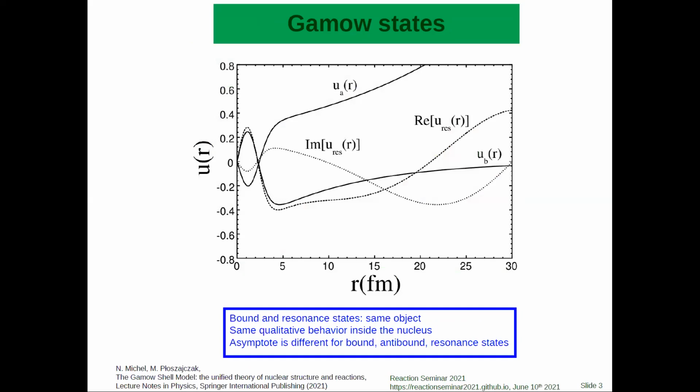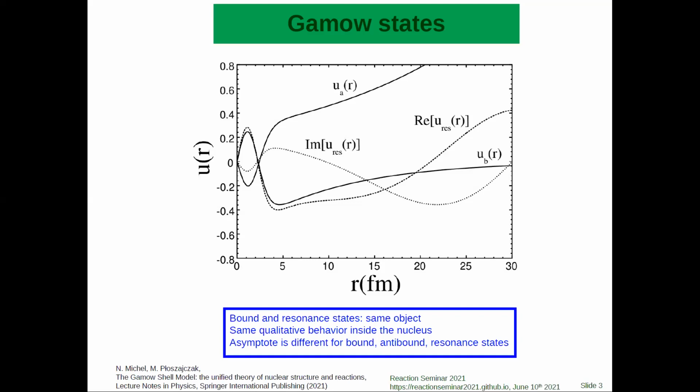The building blocks of the Gamow Shell model are Gamow states. Gamow states are one-body states, which can be bound, resonance, or anti-bound states. So it's not only bound states; they can be unbound, and they are poles of the S matrix, mathematically speaking. They form the same object, but they have different asymptotes.